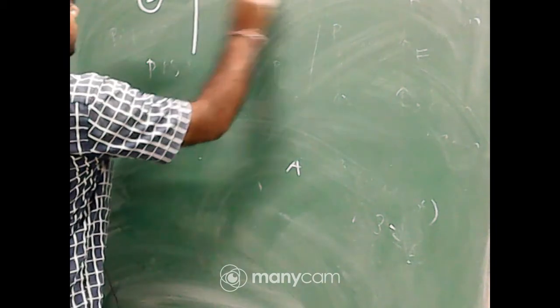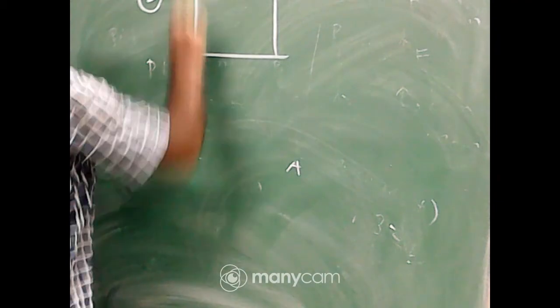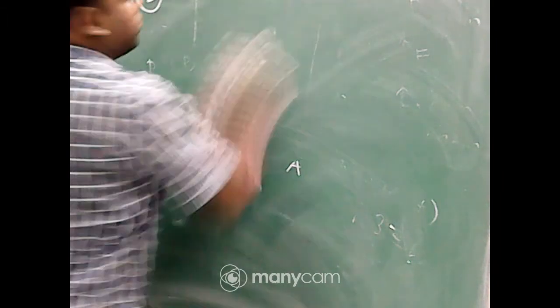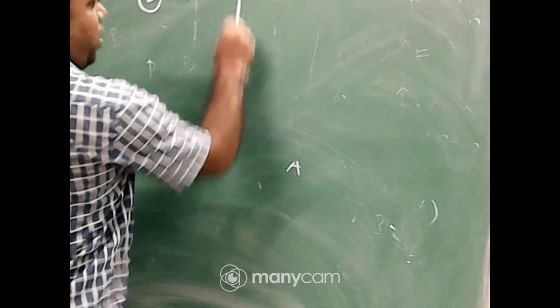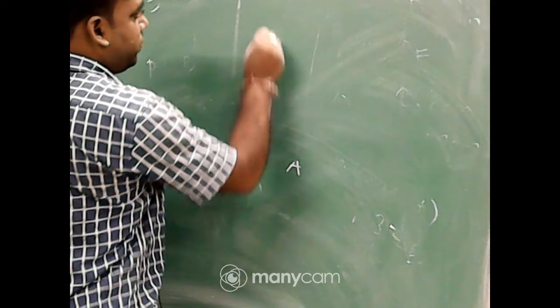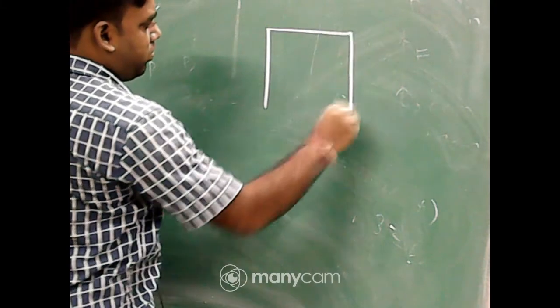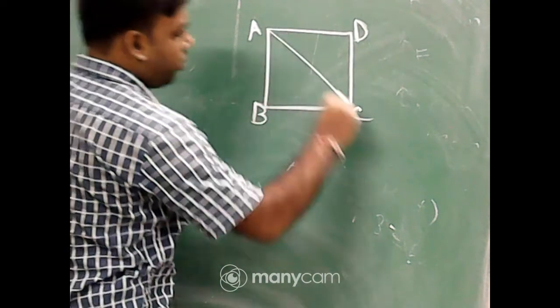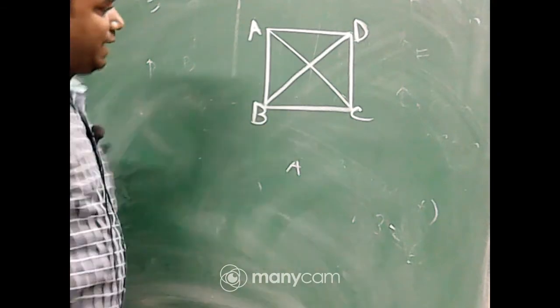Okay, now question number 2. ABCD is a rhombus, and AC and BD are the diagonals.